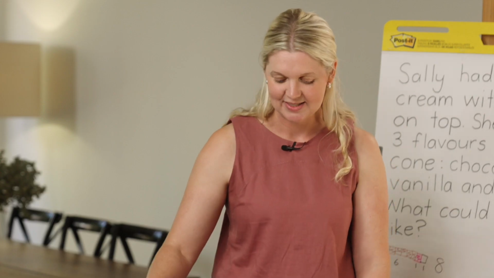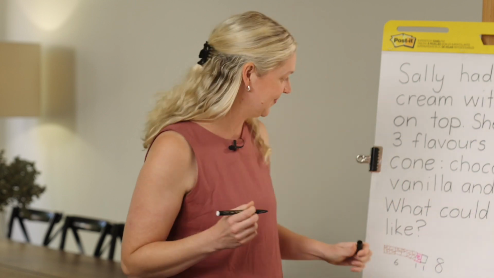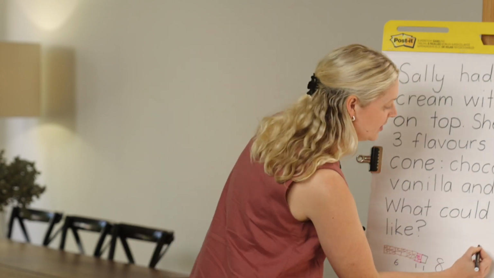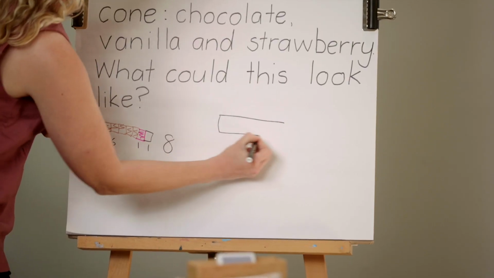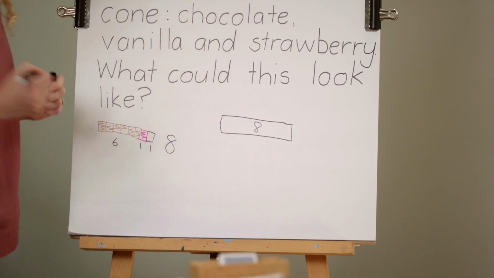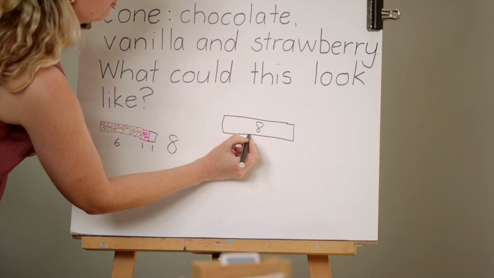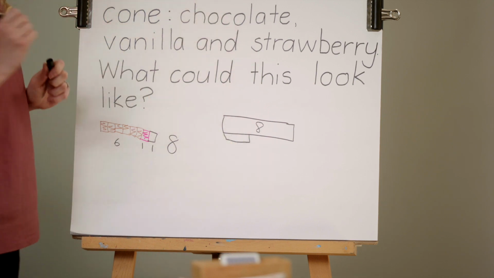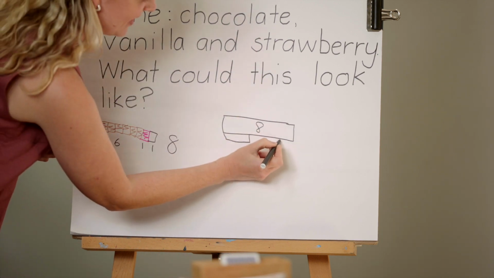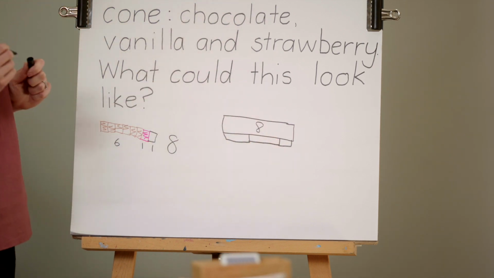Let's record. This time I might use the bar model. So I'm going to draw my total, which we know is 8. Now I'm going to draw my vanilla and the strawberry and finally the chocolate.